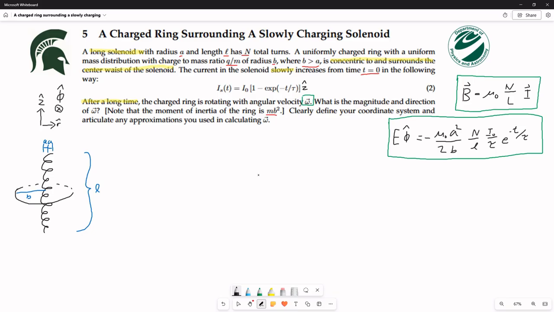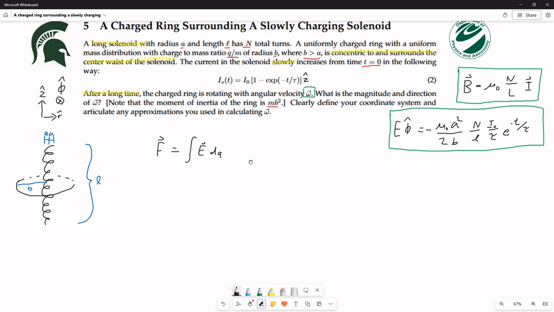All right, we're back, and we're now looking at how this electric field is applying a force. Well, good thing the ring is charged. We can use F as the total of the electric field acting on microscopic charges, if you will, or charge segments. We do have to get a rotation, but hopefully we can use force and torque.